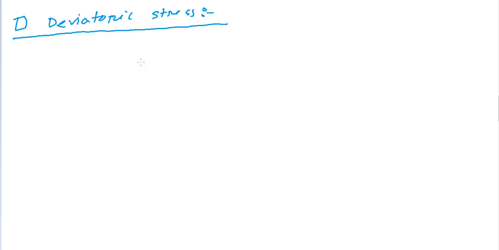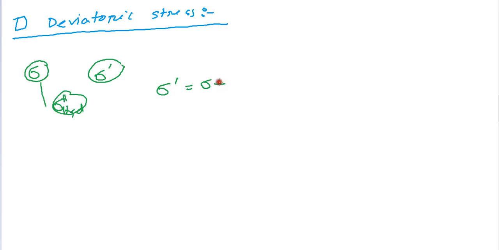It will be represented by sigma prime. If any stress tensor is denoted by sigma, then its deviatoric stress is sigma prime, and its hydrostatic stress is sigma H. So the deviatoric stress is simply the remaining part of any tensor after subtracting the hydrostatic part.